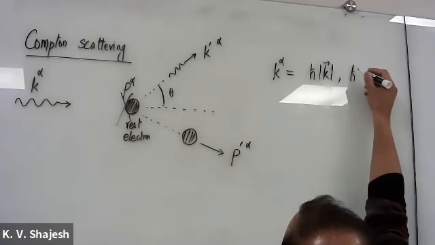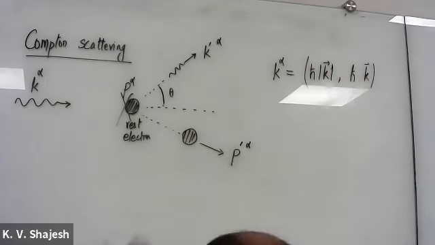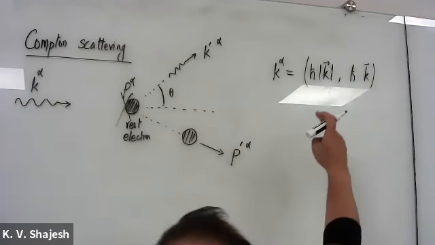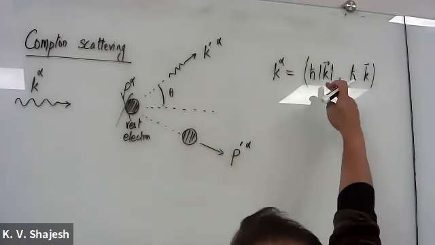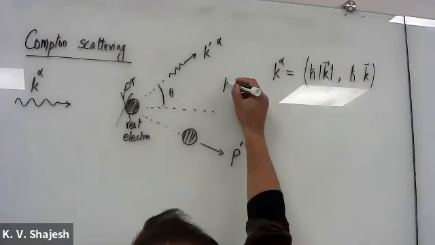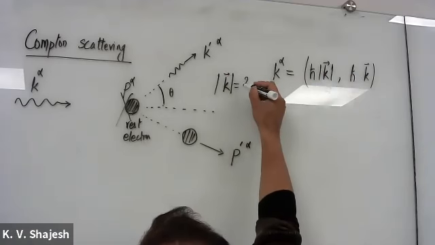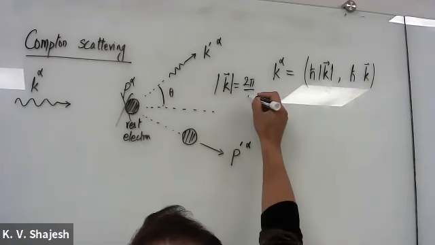And this is h bar times K. It's not necessary that I put an h bar there, whatever is the momentum of the photon, that's what sits there. But now we know that the energy of the photon is described in terms of its frequency. So this is K. This is given in terms of the wavelength or the frequency.